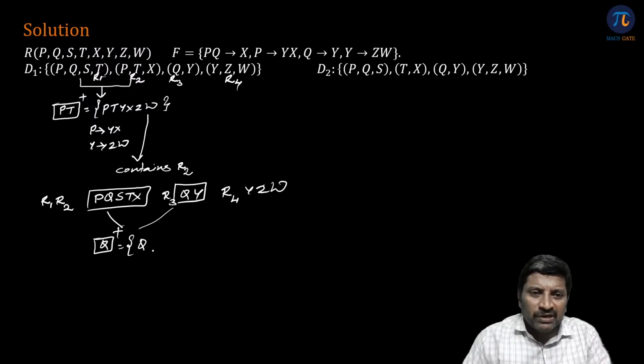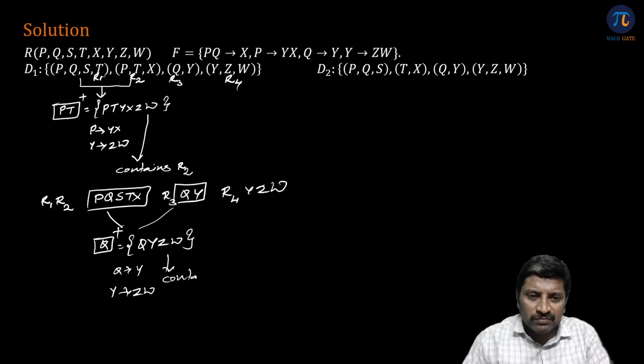With Q, I can get Q. Then I have a dependency, Q goes to Y. Then with Y, I can get ZW. Right? Fine. Anyway, this contains R3. So you can combine R1, R2, R3.